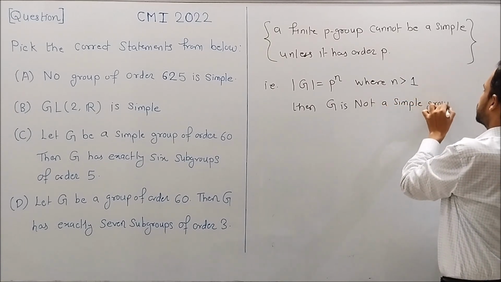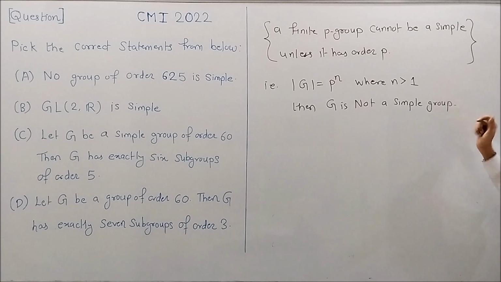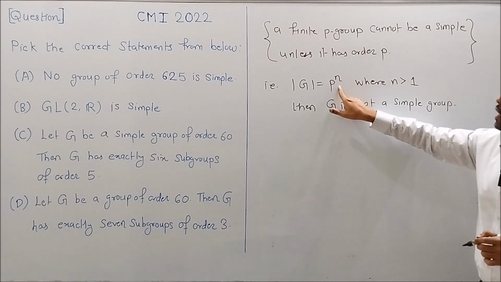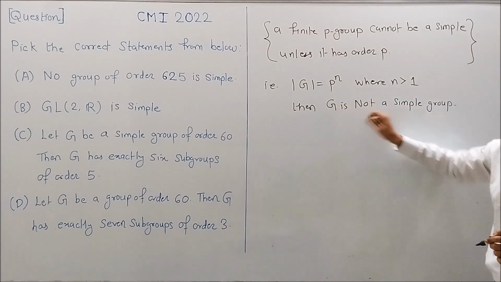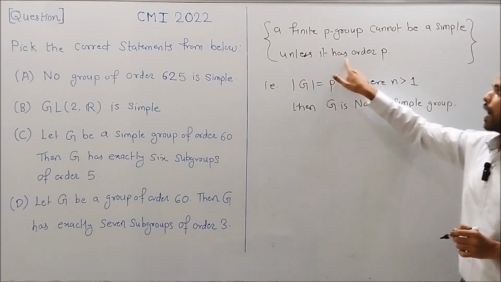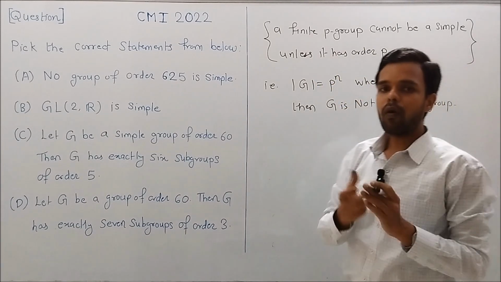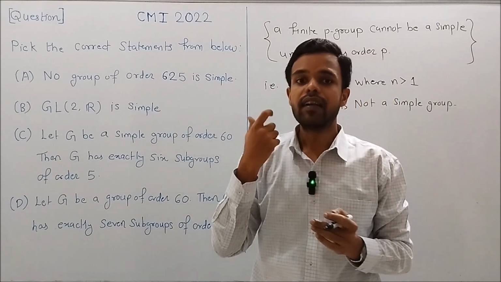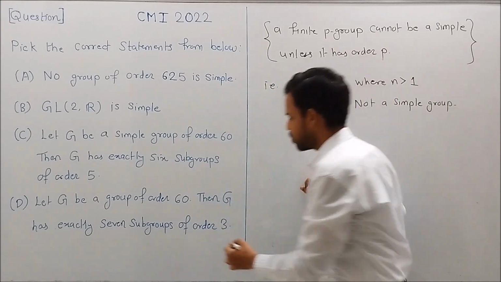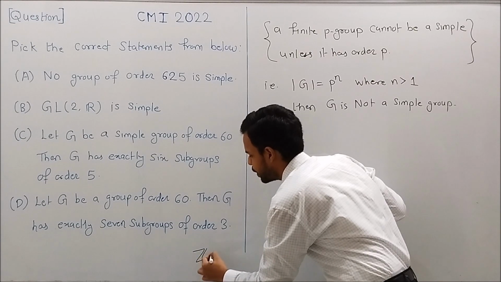What will happen if n equals 1? If n equals 1, then it has order P, and we know that a group of prime order is cyclic and isomorphic to Z_P.